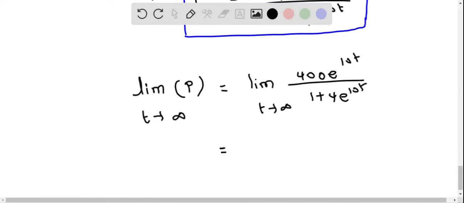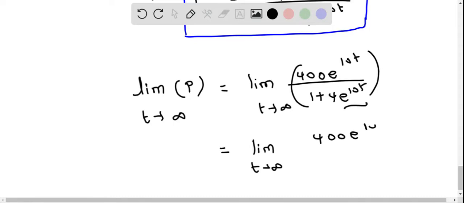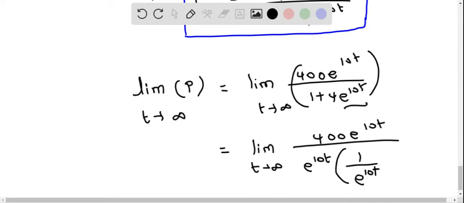Now let's see how to solve this limit. Here we can factor this e power 10t. I'm going to write down the numerator as it is, that is 400 e power 10t divided by, I factor this e power 10t in the denominator, and when I do that I get 1 over e power 10t plus 4.